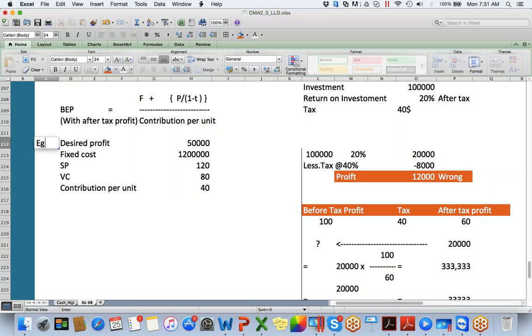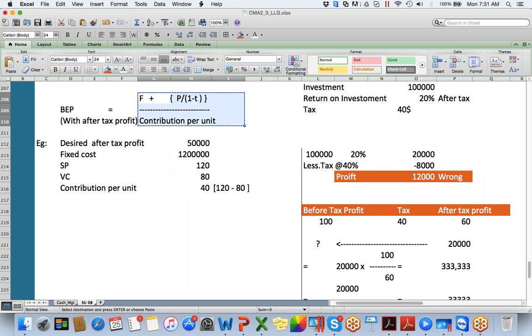Example, desired after tax profit of 50,000, 1.2 million fixed cost, sales price, variable cost, and a calculated contribution margin, that is 120 minus 80.